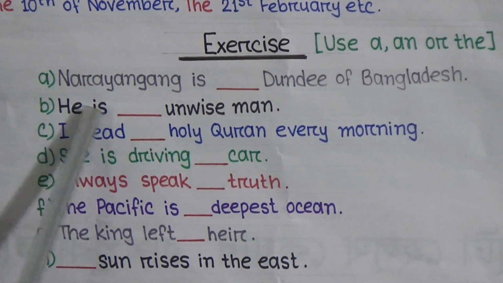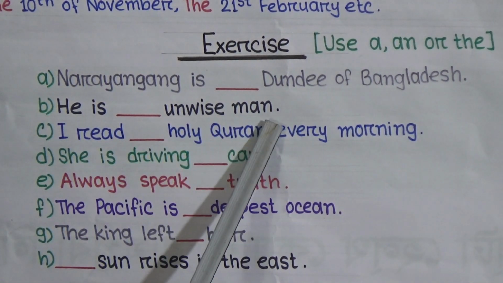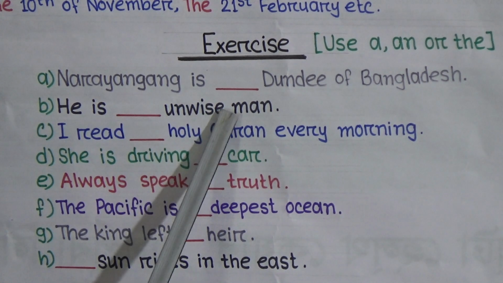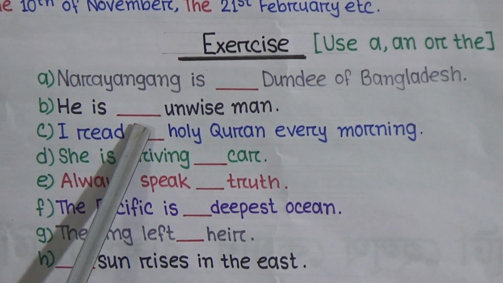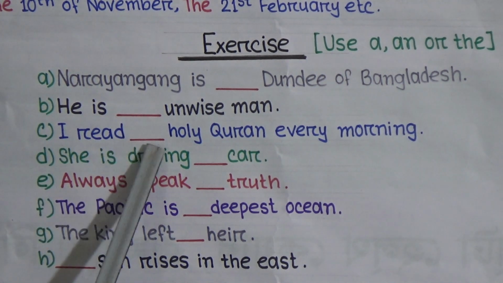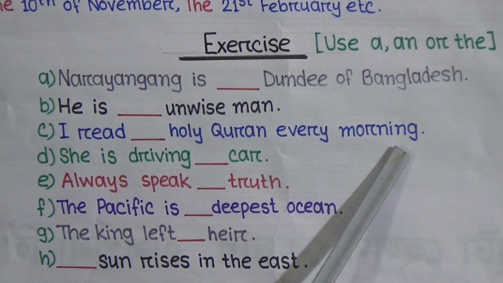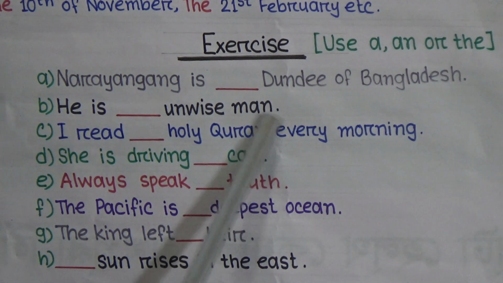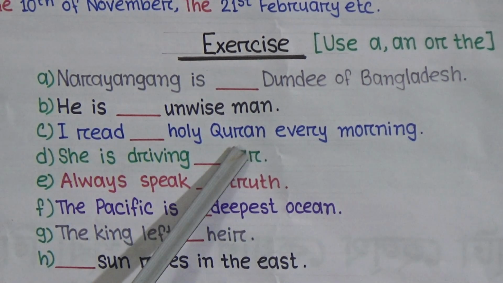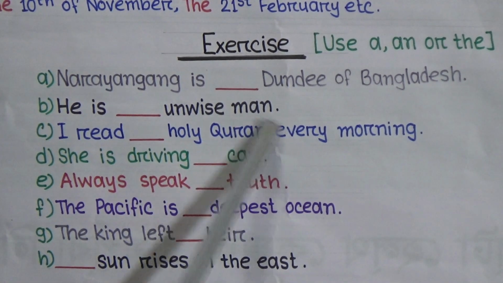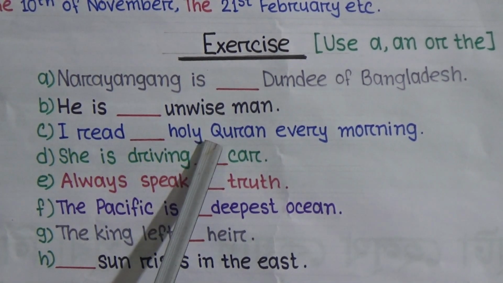And number B, he is dash unwise man. You can see the word unwise, and I hope you can guess what you have to write in the gap. Number C, I read dash Holy Quran every morning. As we have discussed about this, you can find the answer from today's lecture, Holy Quran. This Quran is in capital letter.